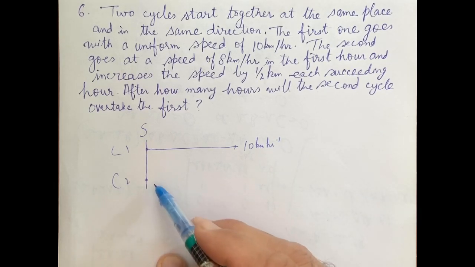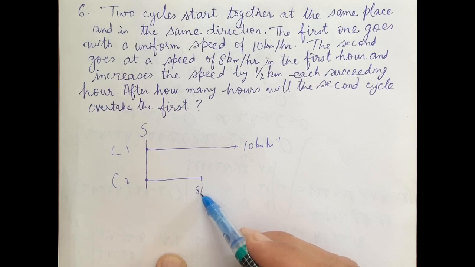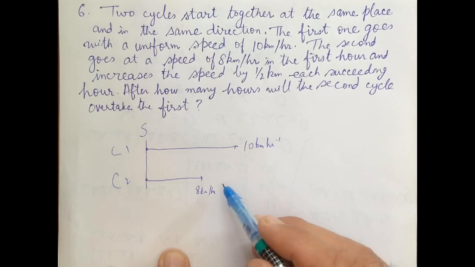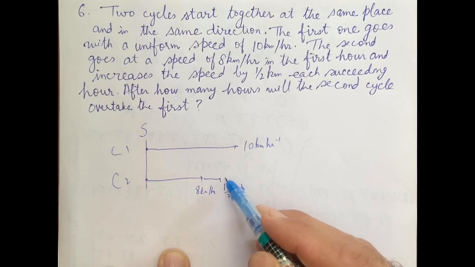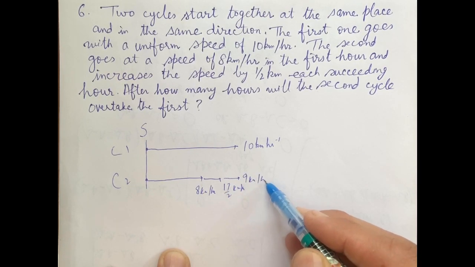The second goes at the rate of 8 kilometers per hour in the first hour and increases speed by half a kilometer each succeeding hour. So next it will be 8.5, that is 17 by 2 kilometers per hour. Then next it will be 9 kilometers per hour and so on.